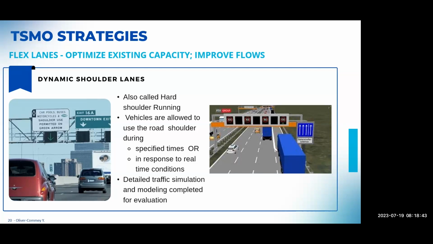Sometimes it will involve a heavy infrastructure investment if you want to make it more of an adaptive system, something that will respond to the real-time traffic, and then people get told by the various messaging systems I've just mentioned that the shoulder is now open, so you could use that shoulder. It helps to improve capacity, but it does have enforcement issues, because if you only allow them to use the shoulder during certain times, then people might try to use it when you're not asking them to use it.